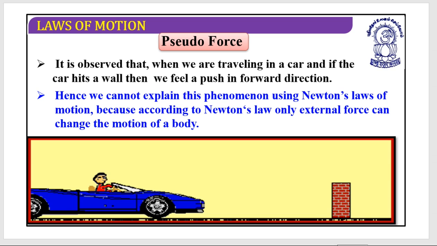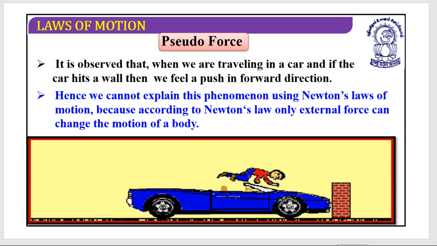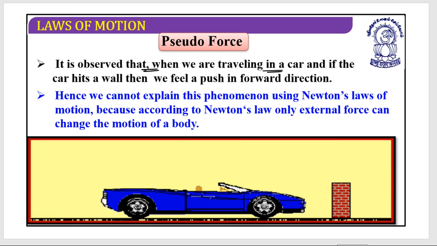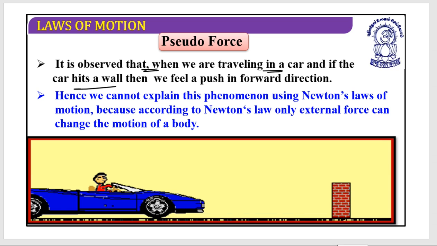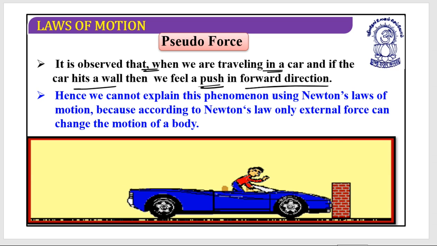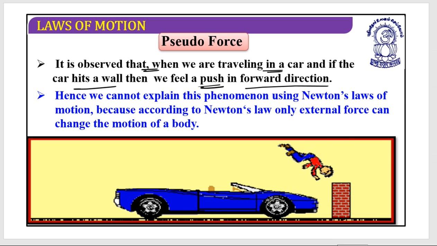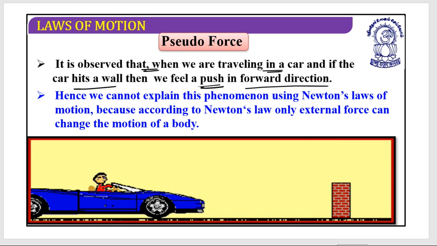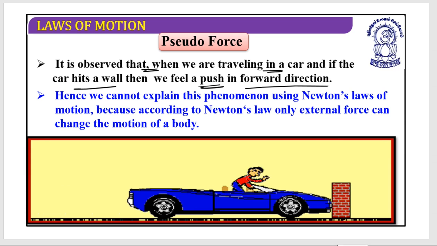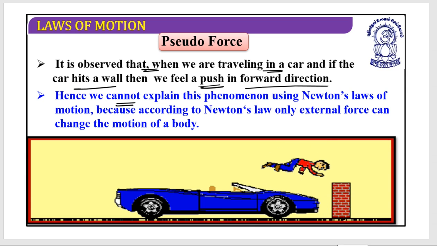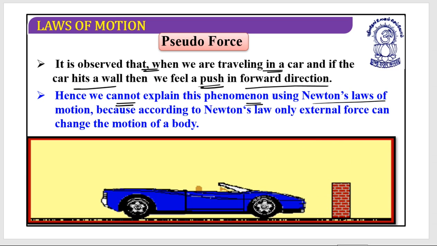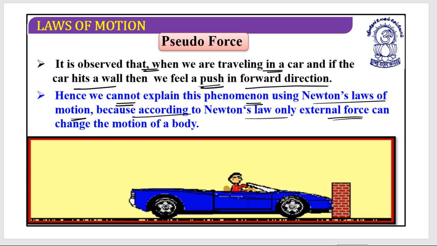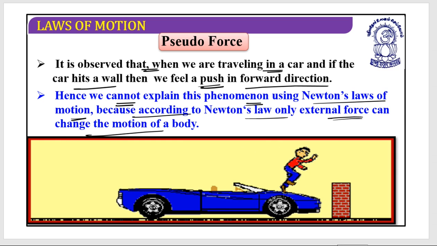Let's suppose it is observed that when we are traveling in a car and the car hits a wall, we feel a push in the forward direction. You can see this in the graphics. According to this, we cannot explain this phenomenon using Newton's laws of motion, because according to Newton's law only an external force can change the motion of a body.